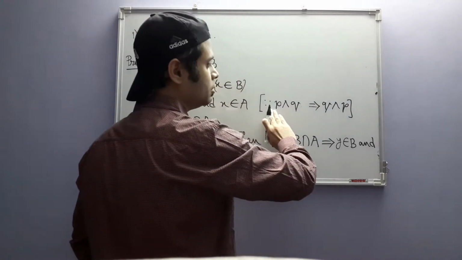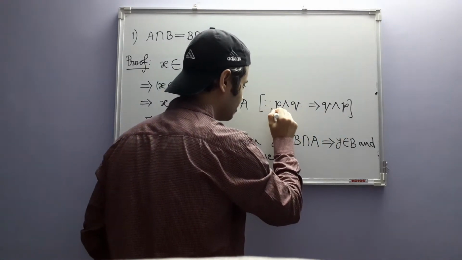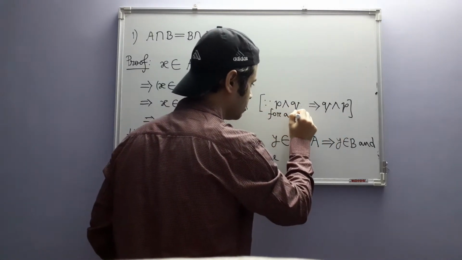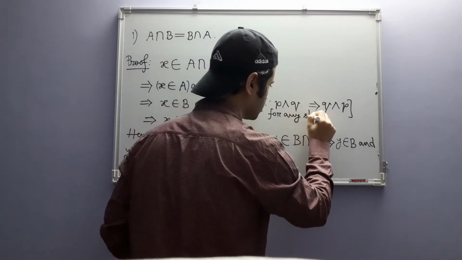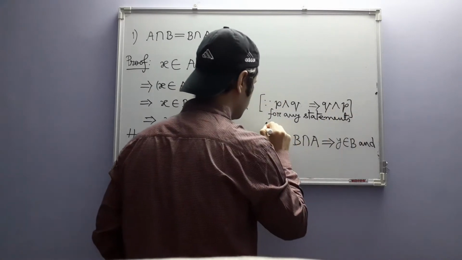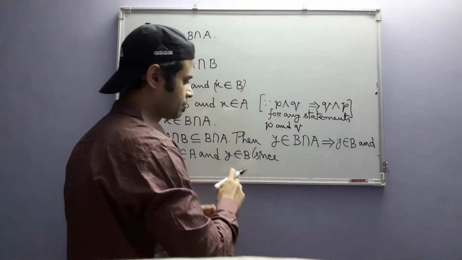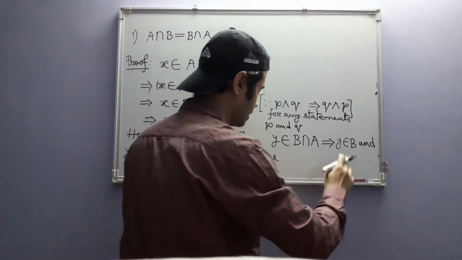By the way, if you simply write this, it does not make sense. You have to write for any statements P and Q. Similarly, you can write the other one here.